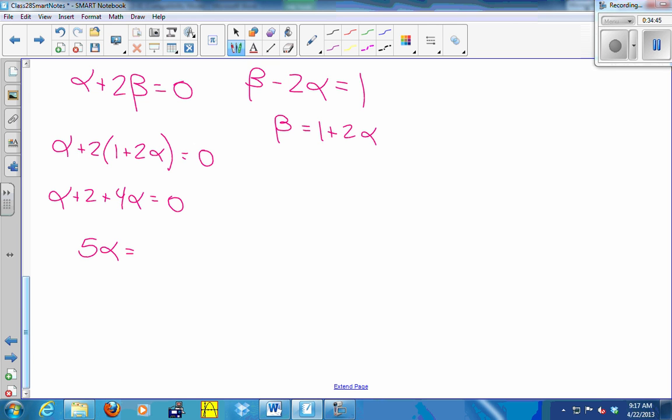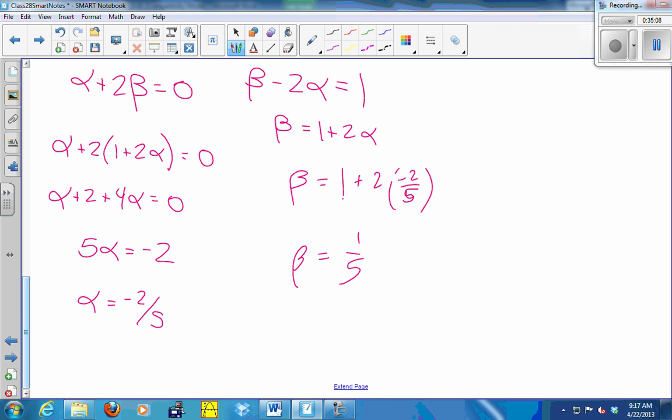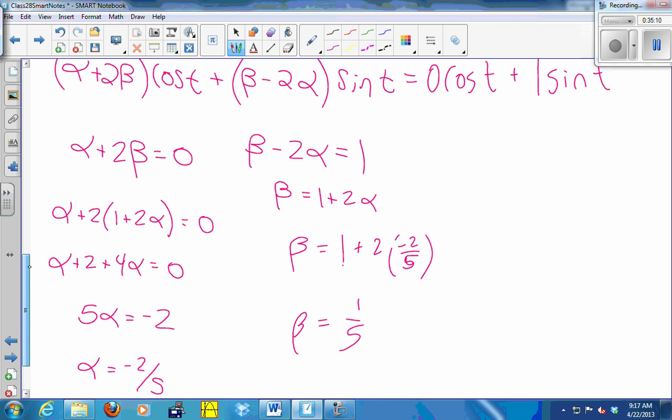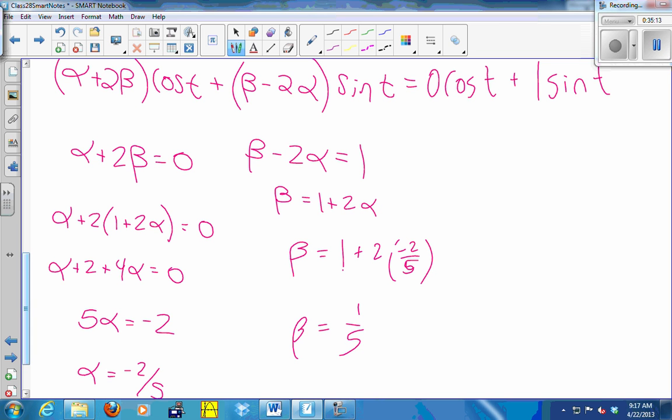Okay, so alpha is negative 2/5, and beta is 1 plus 2 times negative 2/5, so 1 minus 4/5 is 1/5. So we have a particular solution: negative 2/5 cosine t plus 1/5 sine t.